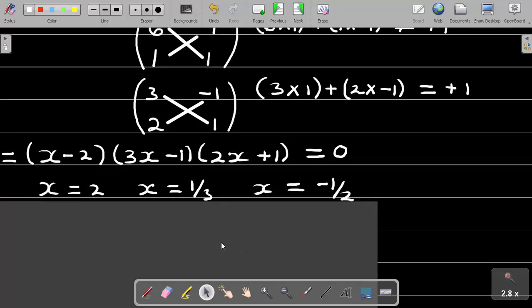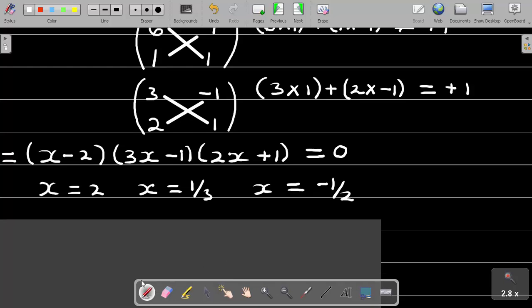So in this case, to get my answers, watch this. You just put x here and here like this. So it means that my factors are going to be 3x minus 1 multiplied by 2x plus 1.